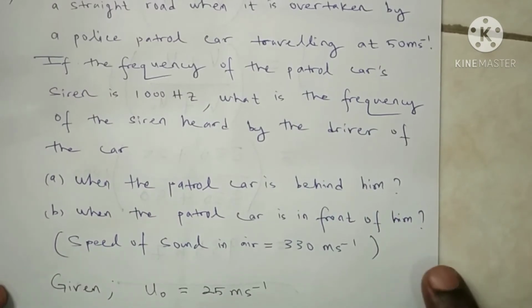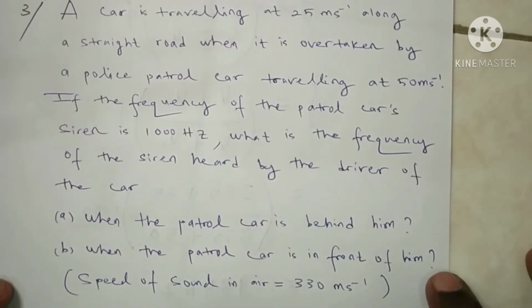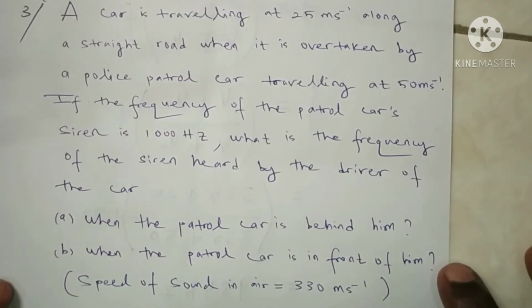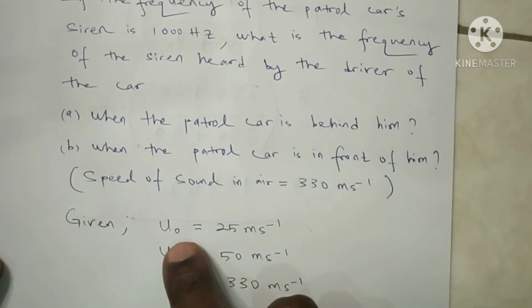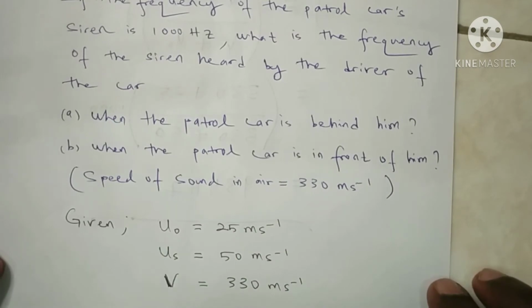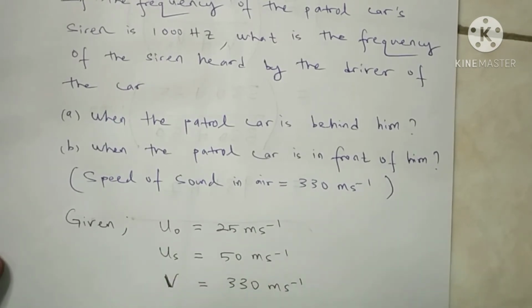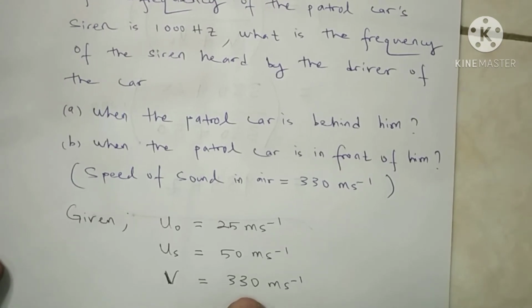In this case, we can see that the source and observer are moving simultaneously, with speed of observer 25 meter per second, speed of source 50 meter per second, and speed of sound in air 330 meter per second.